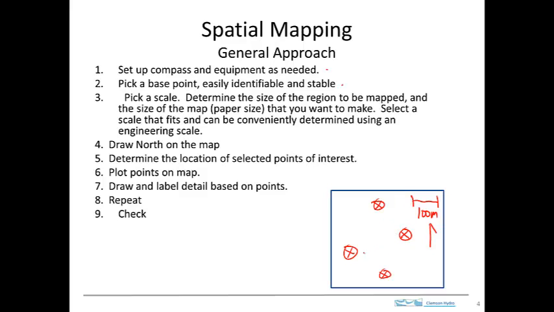And we might have, let's see, the edge of a roadway that comes through like this, and perhaps a building that is next to this particular point. So we fill in those details, and then we repeat this as necessary, and then we go and check our map so that we are comfortable that it is accurate enough to serve our needs.